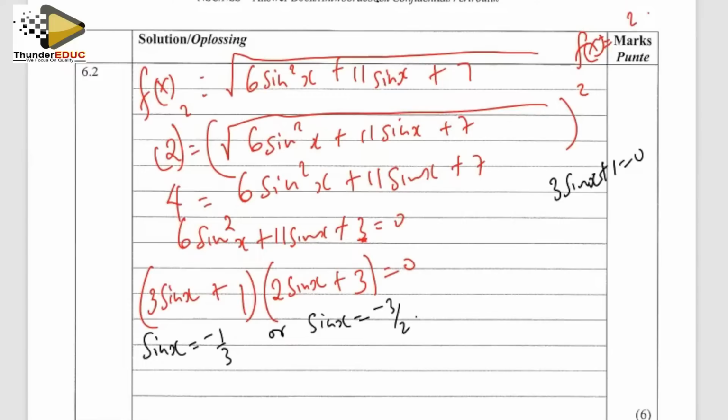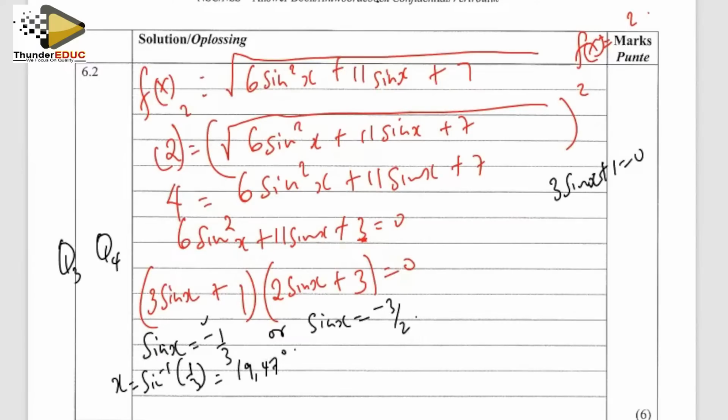So if the sign is negative, which means I'm dealing with quadrant 3 and then quadrant number 4. So what is the arcsine of 1 over 3? That is giving me 19.47. That is my reference angle, okay?